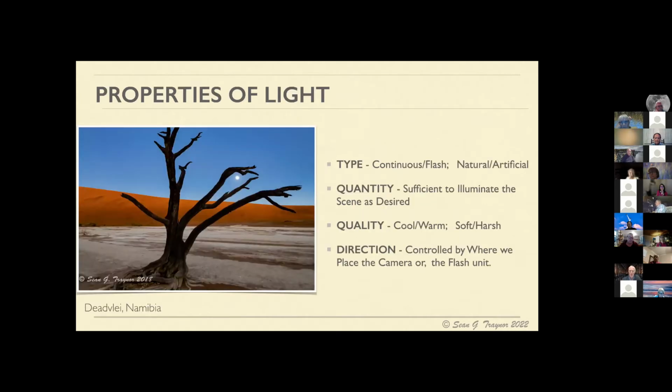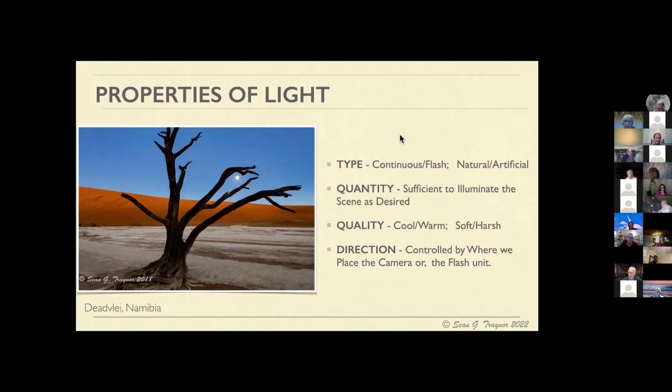First of all, we need to think about the properties of light. Light has four key components. There's the type, the quantity, the quality, and the direction. In the case of the type of light, we can have continuous light, such as sun or flash. We can have natural or artificial light.